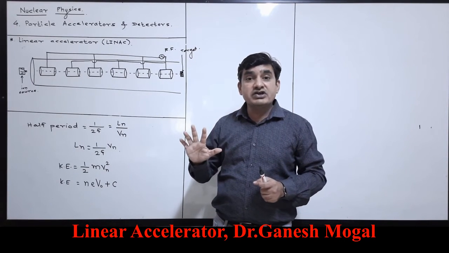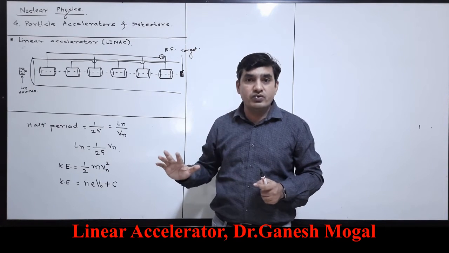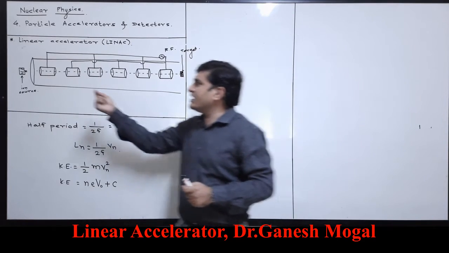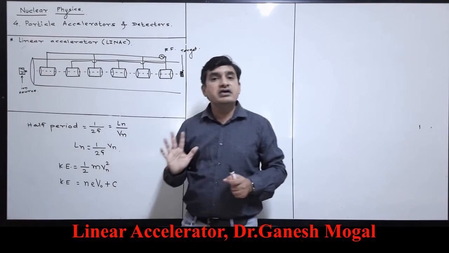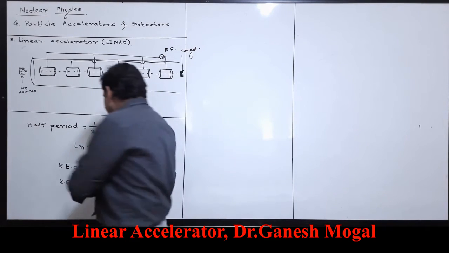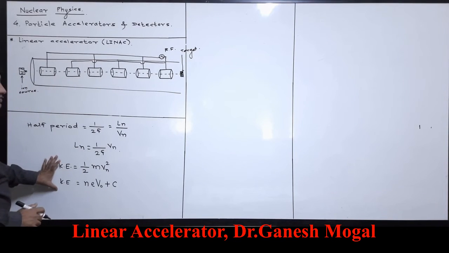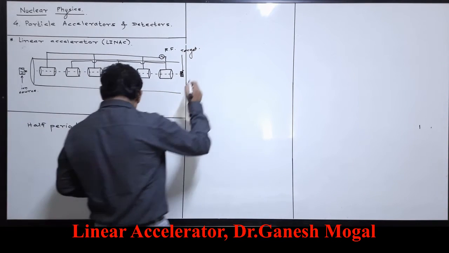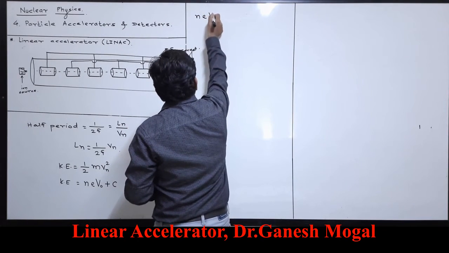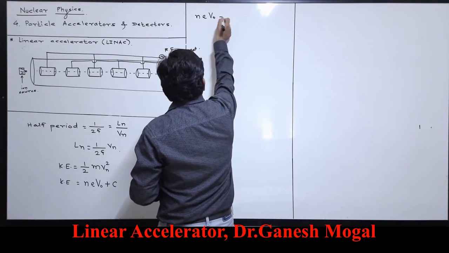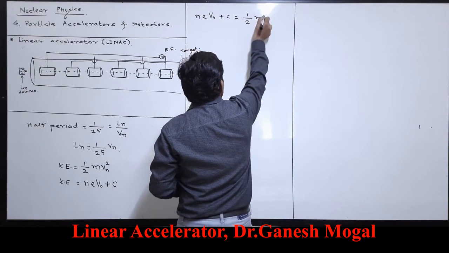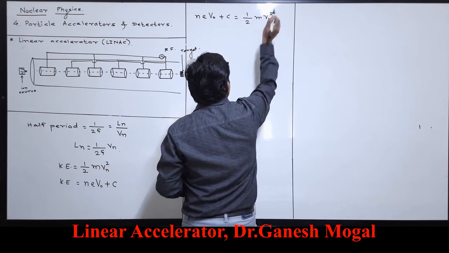So the energy is a non-zero value of kinetic energy when the charged particles enter the first cylinder, and therefore we use the constant C. When we equate these two equations, we get n into E into V0 plus C is equal to half M into Vn square.